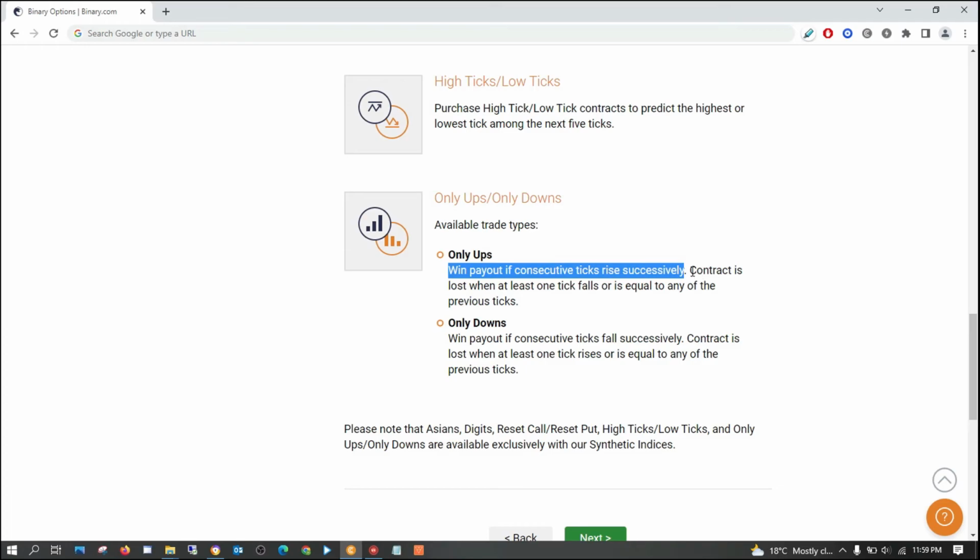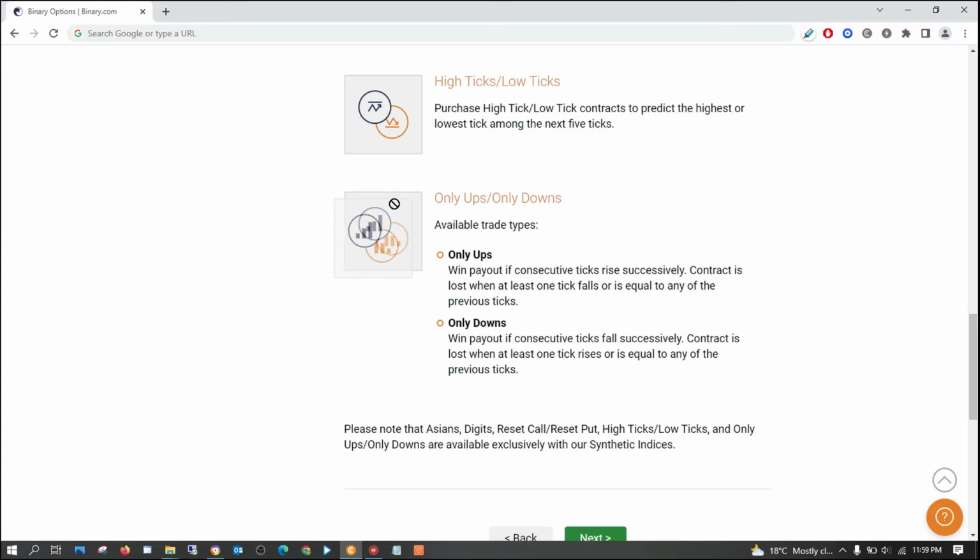The contract is lost when the last tick falls or is equal to any of the previous ticks. The win payout for only downs is if the consecutive ticks fall successively. The contract is lost when one tick rises or is equal to any other previous ticks.